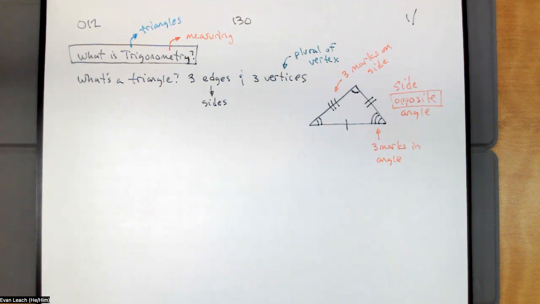We have 3 sides and 3 angles, and we want to establish a relationship between a particular side and a particular angle by referring to the side opposite the angle, or the angle opposite the side. It goes both ways. So if you're standing in an angle and have your hands on the 2 sides that make up that angle, the side that you're looking at is the side opposite that angle.